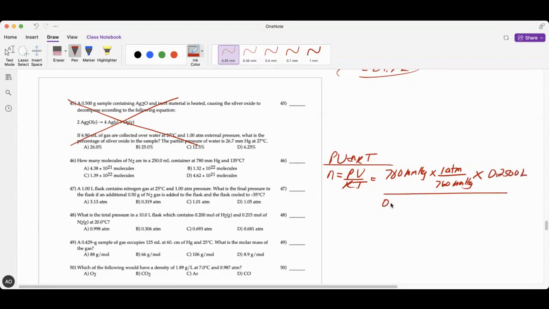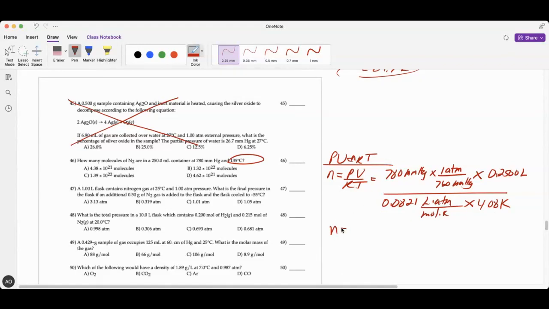Then divide by 0.0821 liters atmospheres per mole Kelvin times the temperature. That's 135 degrees Celsius plus 273, which is 408 Kelvin.